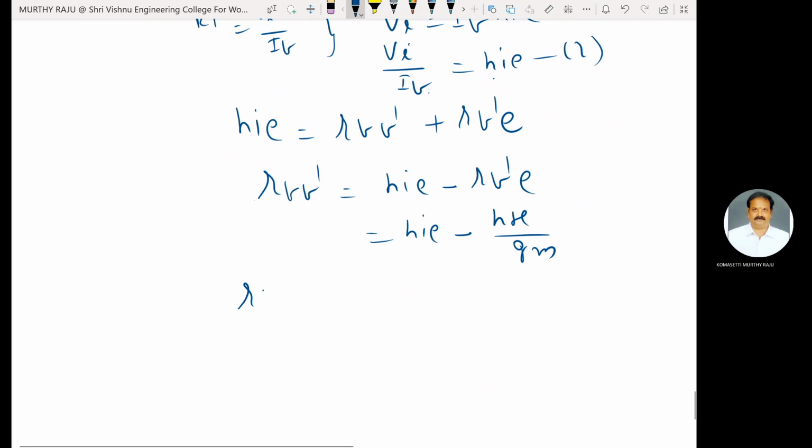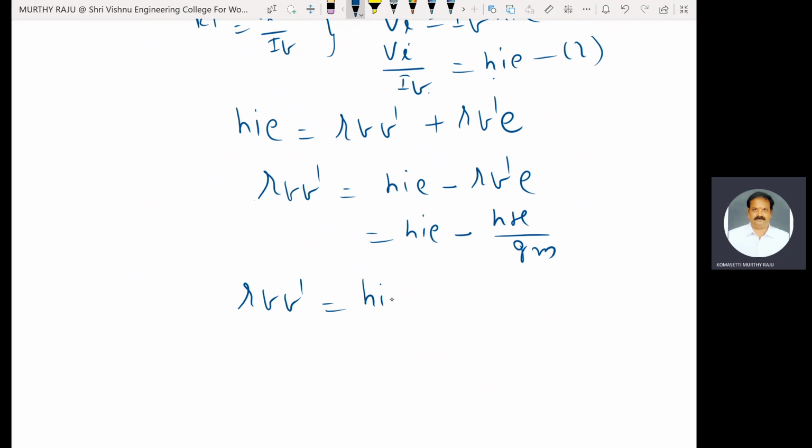Therefore, RBB dash is equal to HIE minus HFE by GM, where GM is equal to IC by VT.